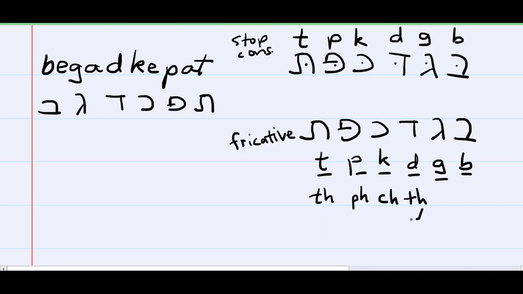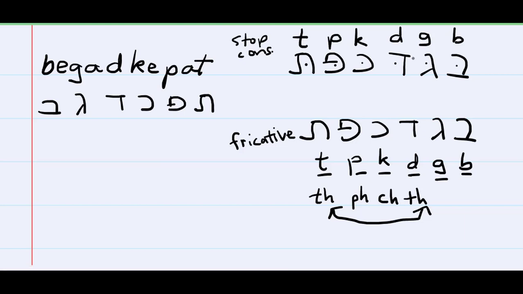Notice the difference between these two ths. One has vocal cord vibration and one doesn't. Just like the difference between dalet, d, and tav, t, is simply they're pronounced the same way except one vibrates the vocal cords. The d vibrates the vocal cords. We call that voicing. It's a voiced consonant.